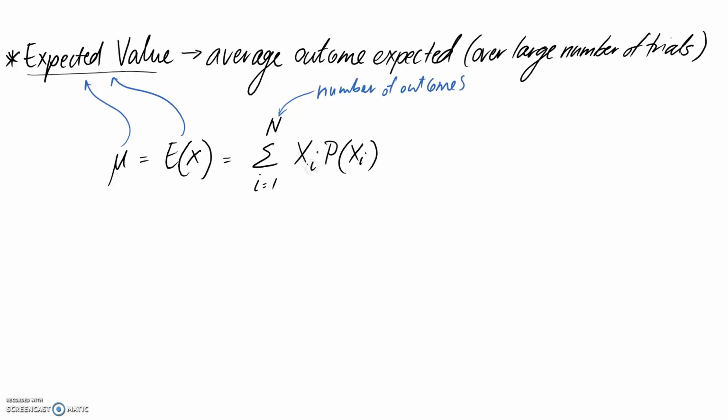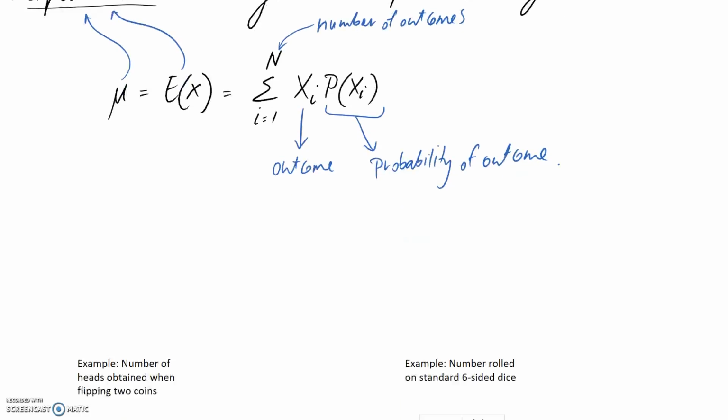What we're going to take is x_i, the value of your outcome, and multiply it by the probability of that outcome. So let's do it as an example so you can see this in action.